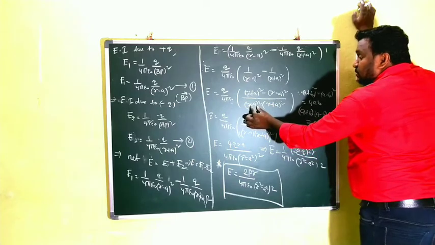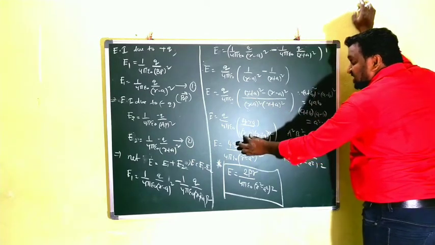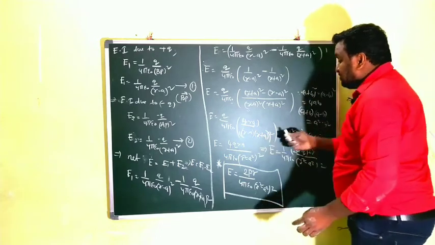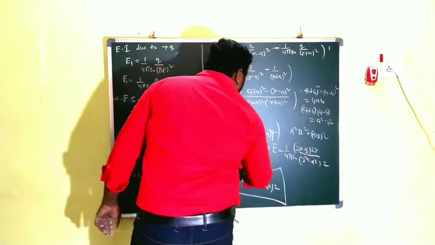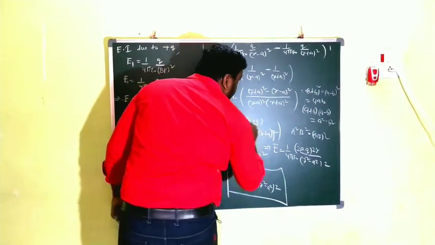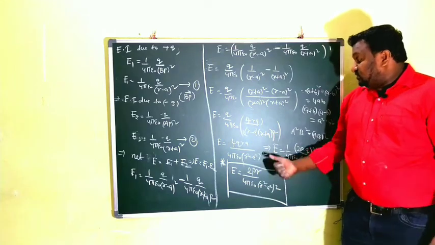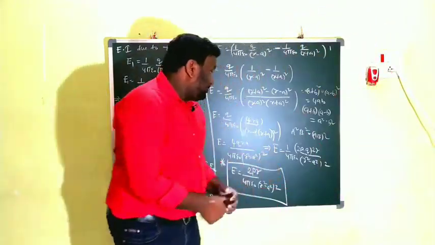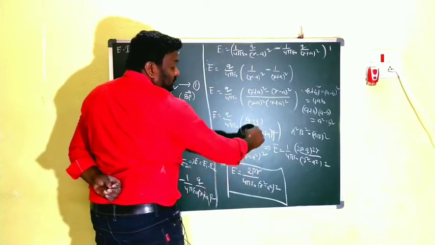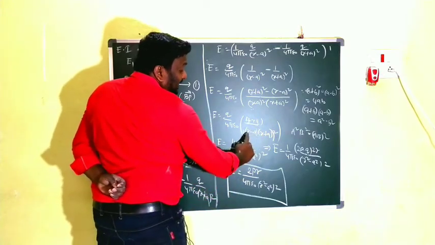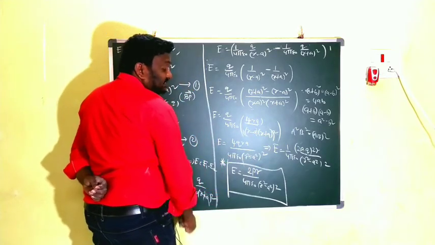Here (r minus a) whole square and (r plus a) whole square should be written as (r minus a) into (r plus a) whole square, which is in the form of (a plus b) into (a minus b) whole square, like that. You get r square minus a square.